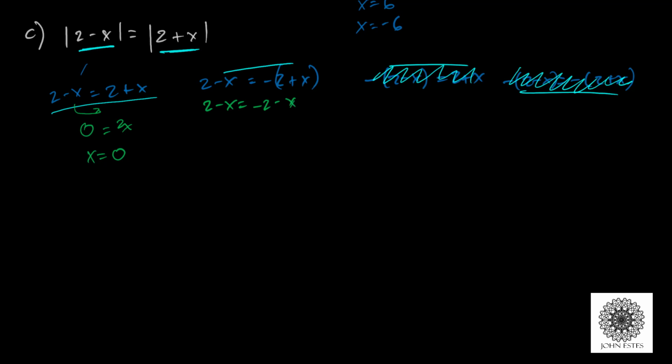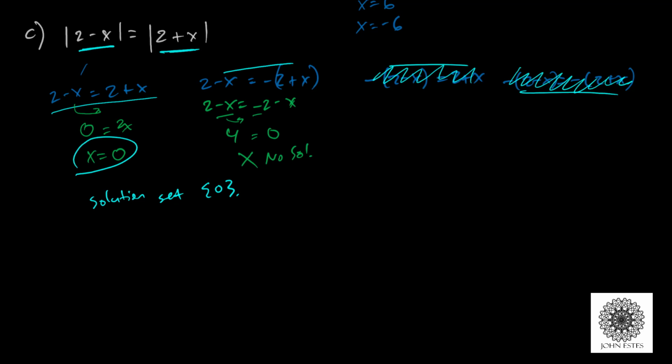And this is going to be a problem because if you notice, if I add the x over, I end up with 0 x's, and when I add the negative 2 over, I end up with a positive 4, which is not going to happen, right? So here I have no solution because I had a contradiction. So in this example, my solution set is just 0. That's my only solution.